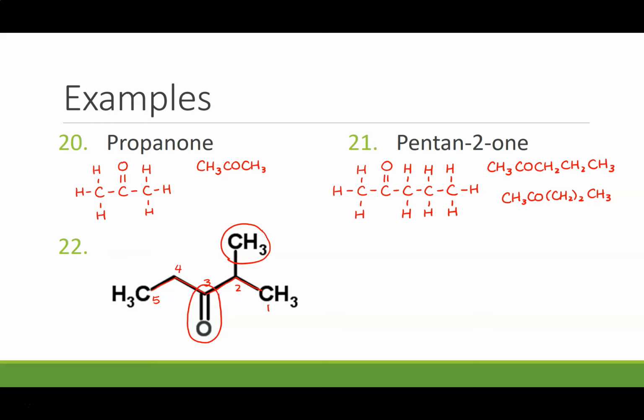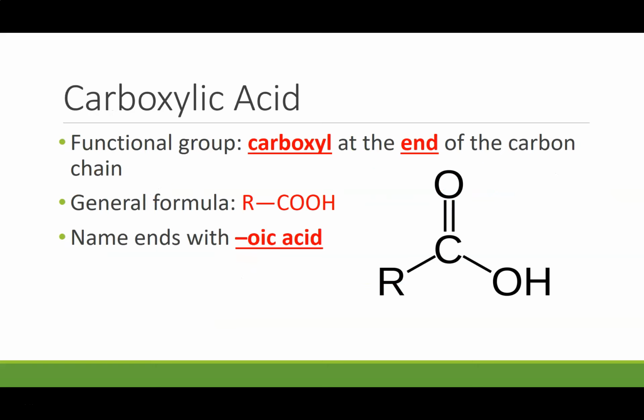And so now we just need to name this. Since there are 5 carbons in the parent chain, this would be a pentanone. The methyl group is on carbon 2, so we'll start there. 2-methylpentan-3-one.